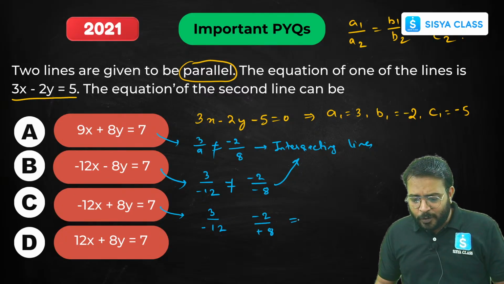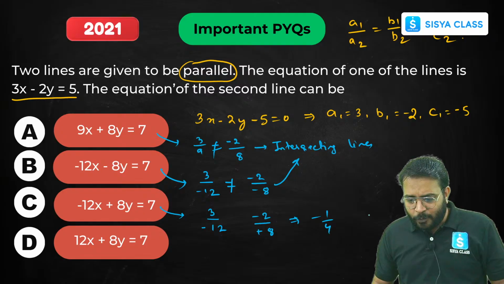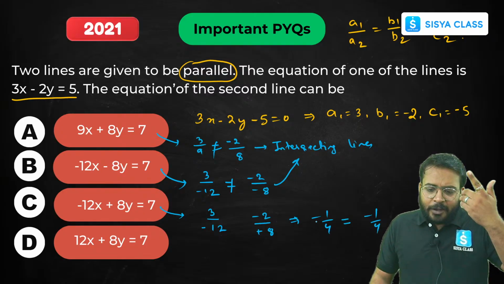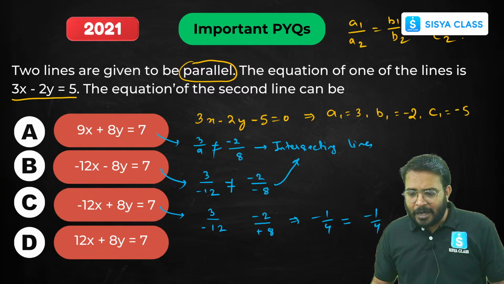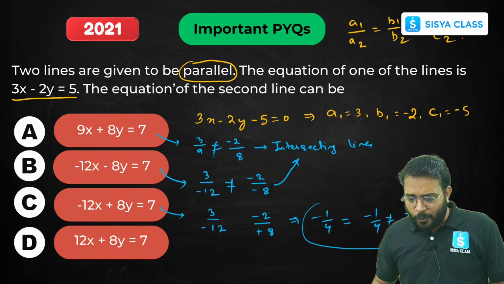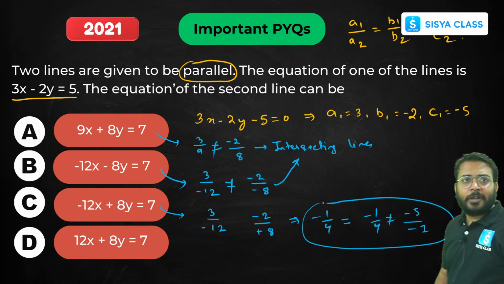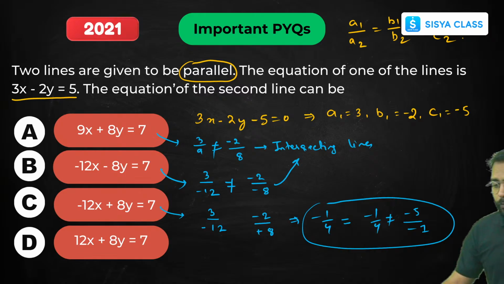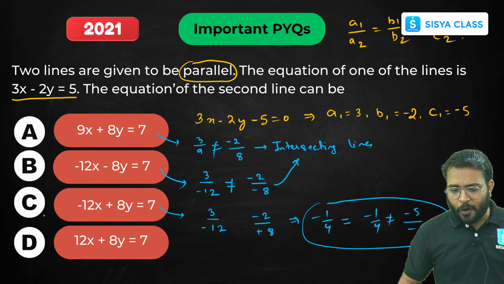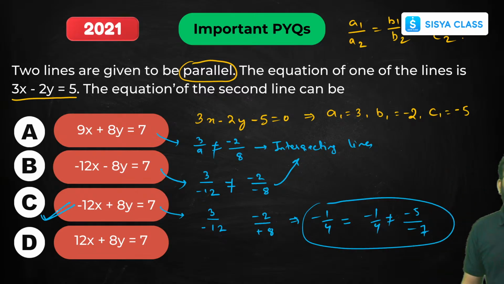That means they are equal. And if you see the constant term, we have minus 5 and here we have minus 7. Minus 5 by minus 7, that means definitely they are not equal. That means it satisfies the condition of parallel lines, right? So option C is our correct option here.